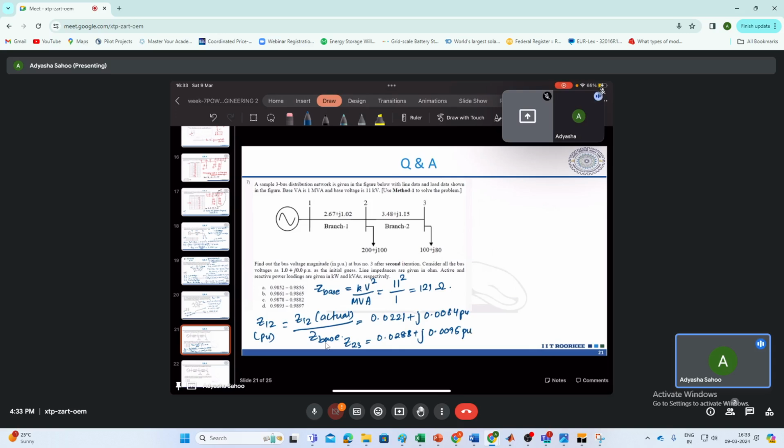And you need to also calculate the load demands in per unit, right? So S2. Base MVA is 1, so it will be as it is.